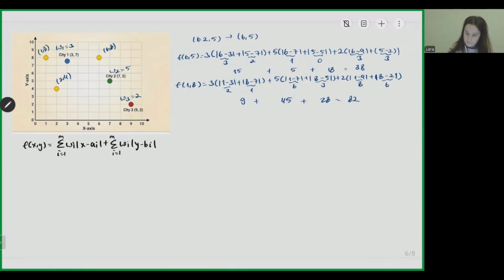Okay, then F2,4. Again, 3 times 2 minus 3 plus 4 minus 7, plus 5 times 2 minus 7 plus 4 minus 5, plus 2 times 2 minus 9 plus 4 minus 2.